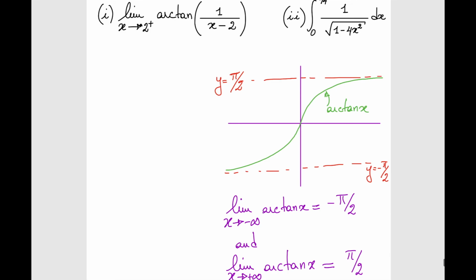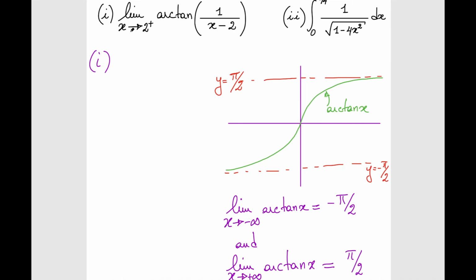Look, so part 1. If x goes to 2 from the right, where does x minus 2 go to? If x goes to 2 from the right, it means it's going to 2 while being bigger than 2, right?